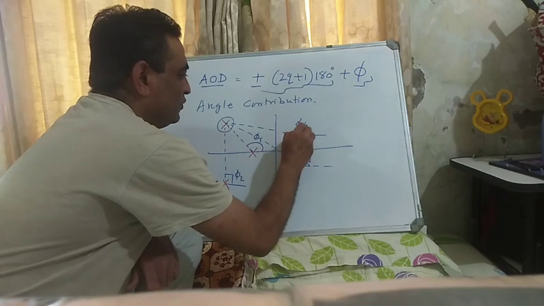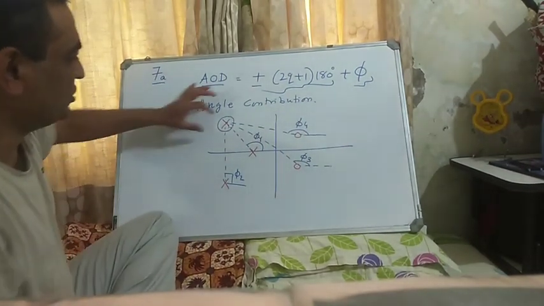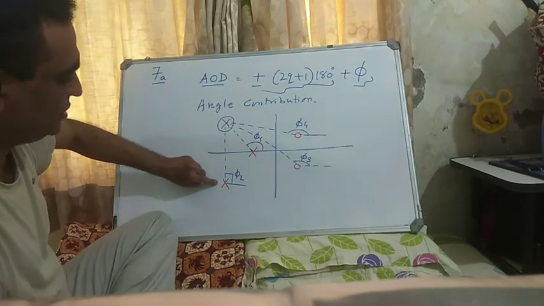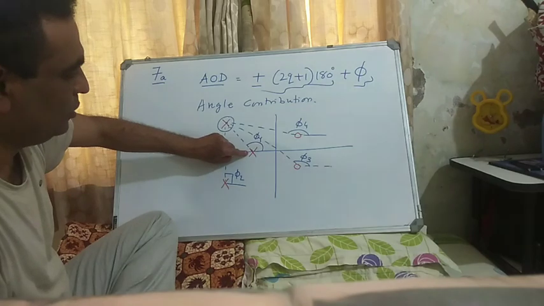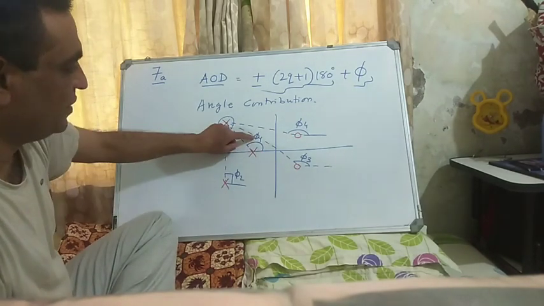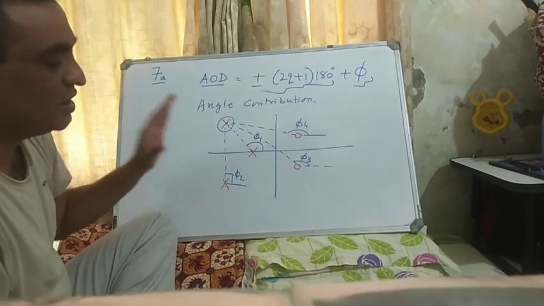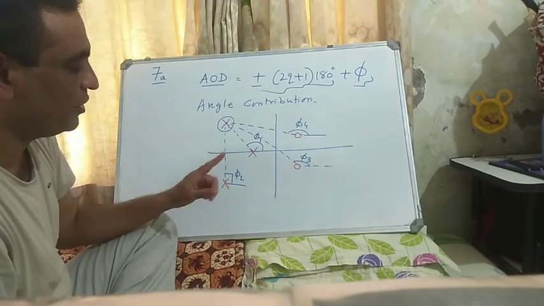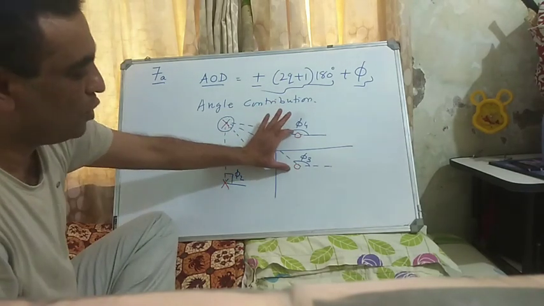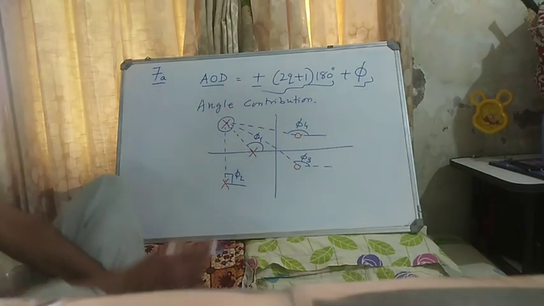This is phi 4. So these are the angle contributions to this particular pole from this pole, this zero and this zero. Phi 1, phi 2, phi 3, phi 4 are the individual angle contributions from all other open loop poles and from all open loop zeros to this particular pole.